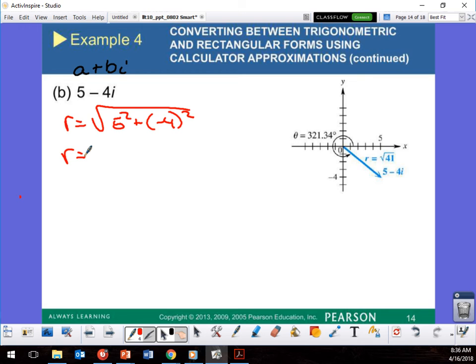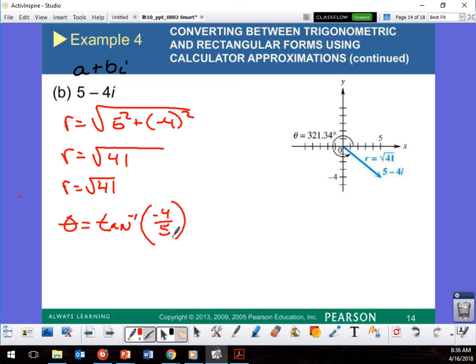R is equal to 25 plus 16, 41. So R equals rad 41. It doesn't actually clean up. Theta is equal to inverse tan of negative 4 over 5, and this one's in degrees.